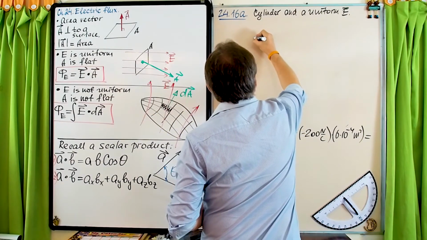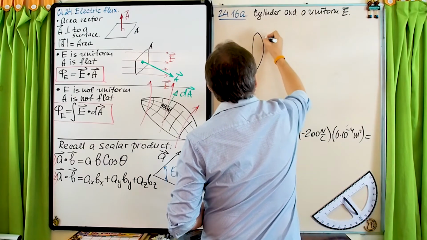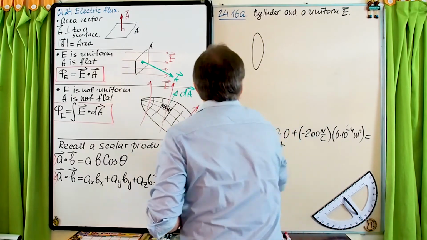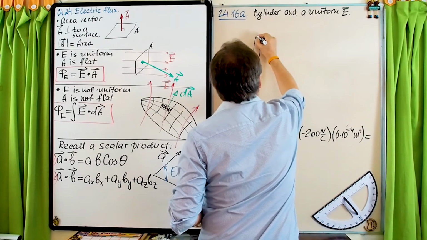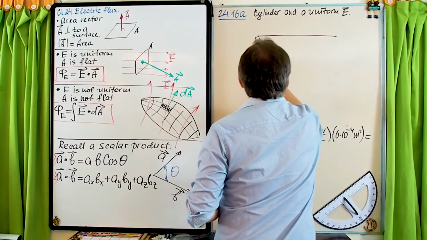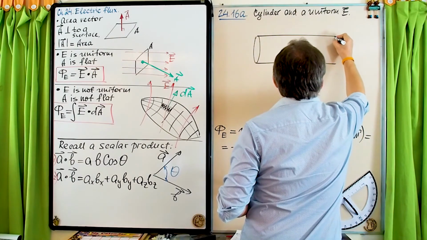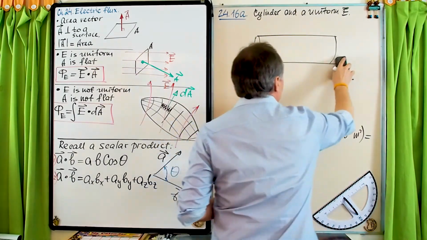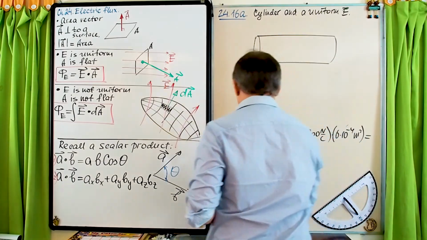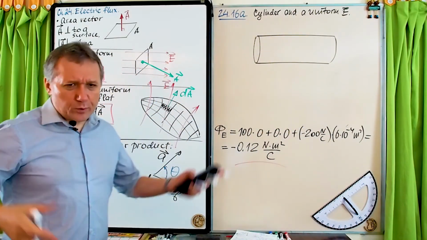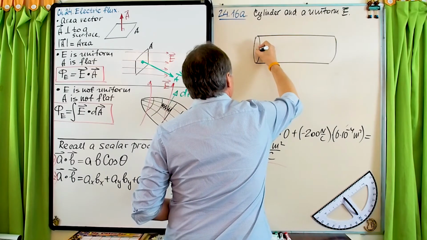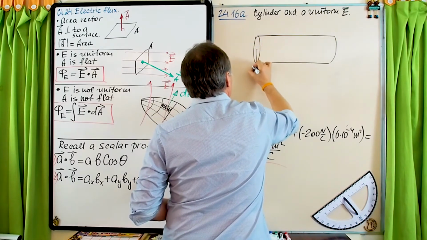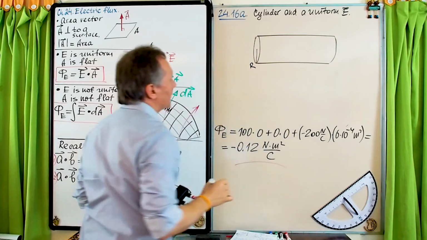Let me make it big. Something like this. Okay, too big. So let's say this is my cylinder. The radius is given. I think it's just R.